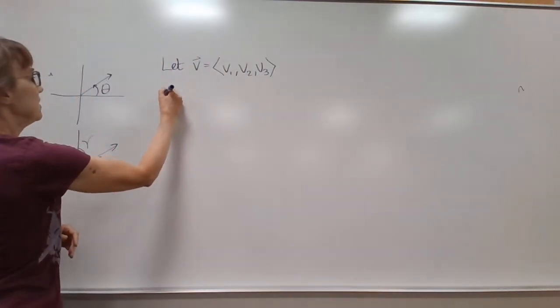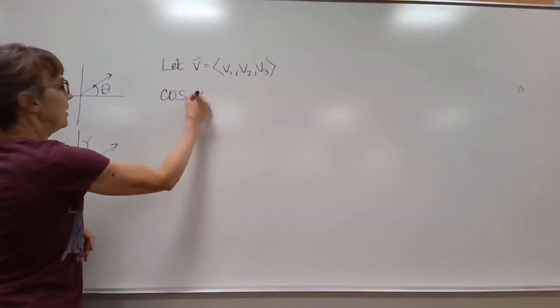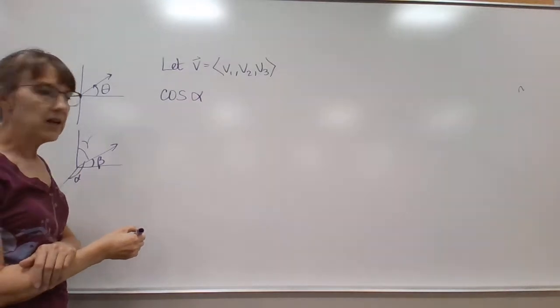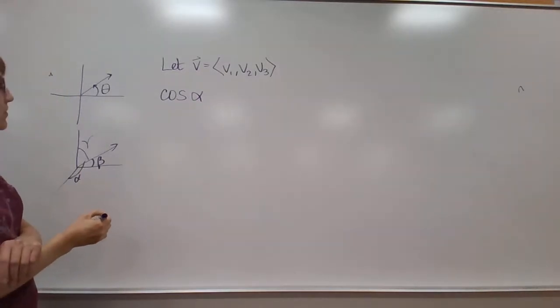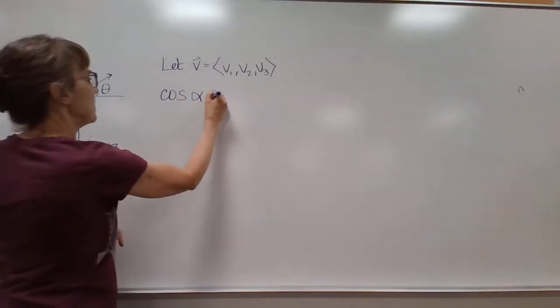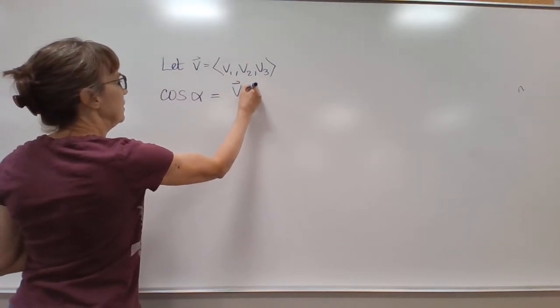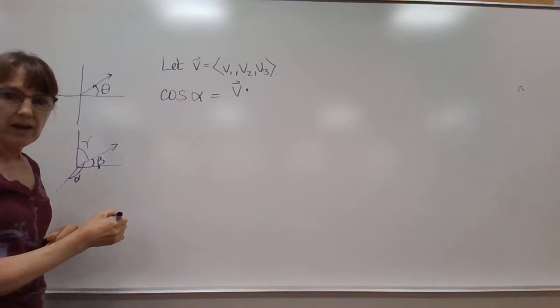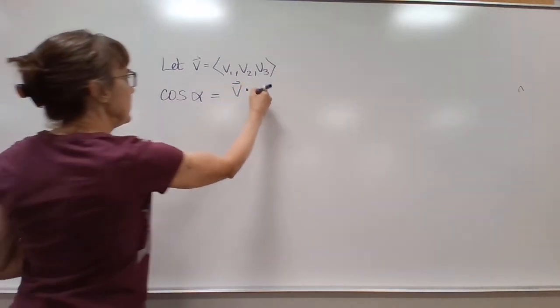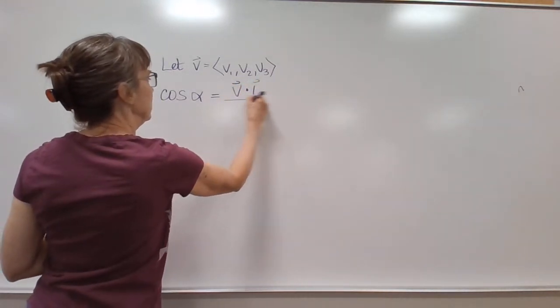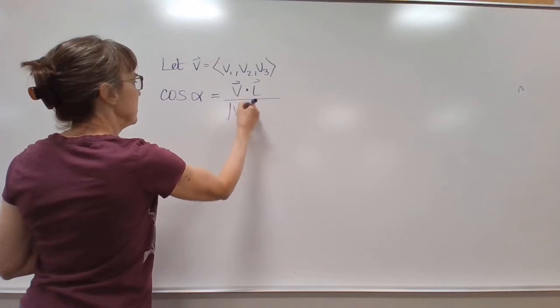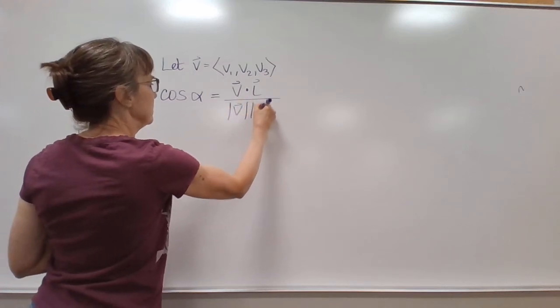The cosine of any angle between 2 vectors, I'm going to get the dot product. So I'm looking at the angle between V and the standard unit vector i over the product of the magnitudes.